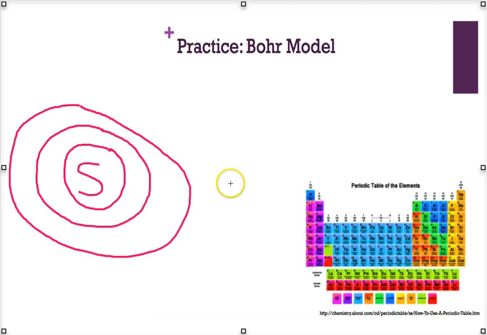All right, and again, on our first ring, we have 2 electrons, second ring, 8 electrons, and the third ring up to 18 electrons. In this particular case, sulfur has 16 electrons.